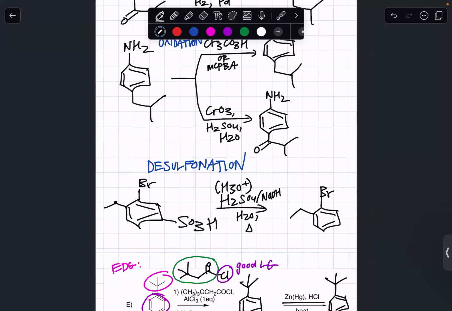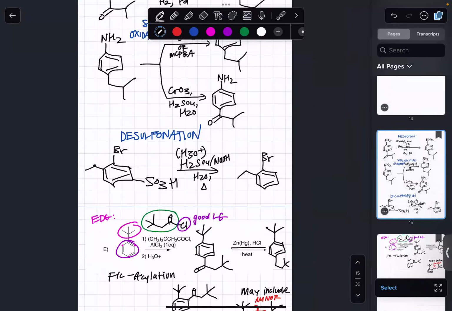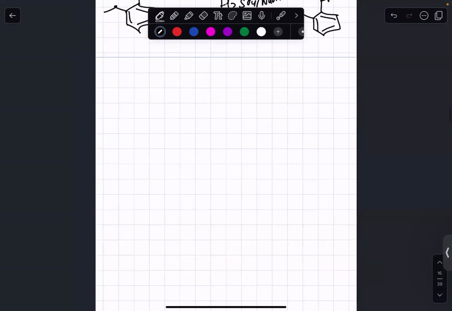What needs to be added to benzene so nothing can be added? Oh, I think you're talking about the Friedel-Crafts limitation reaction, right? This is important right here.